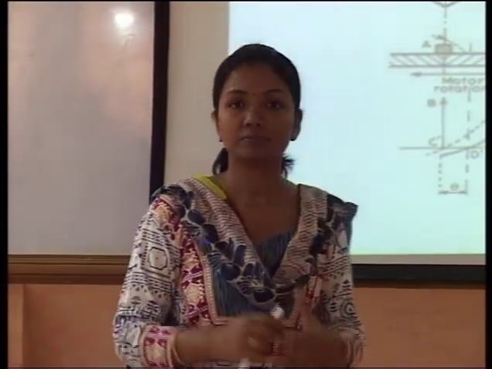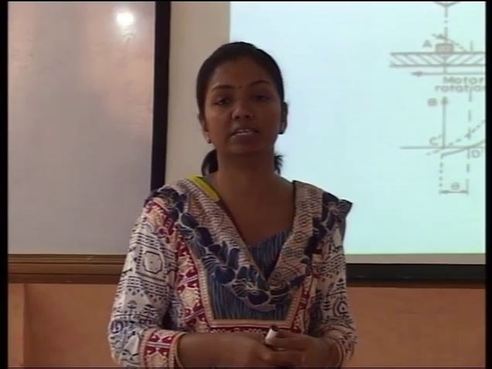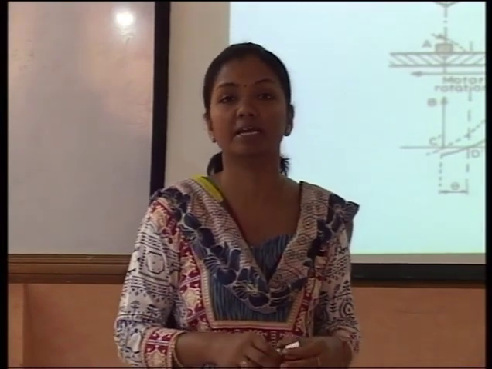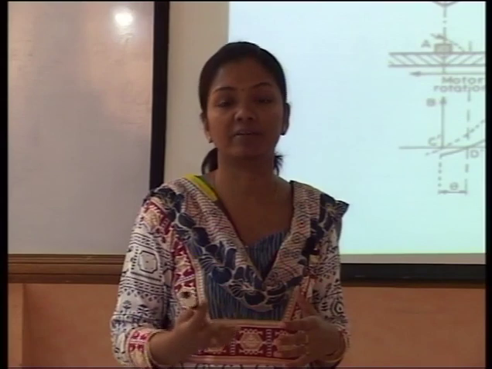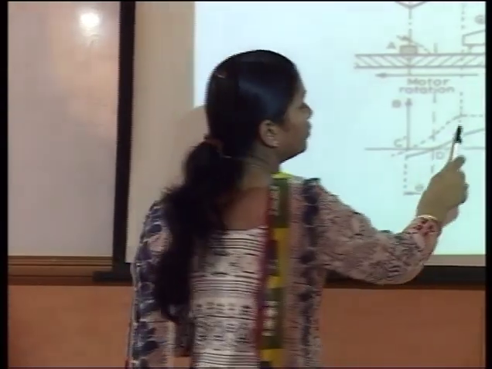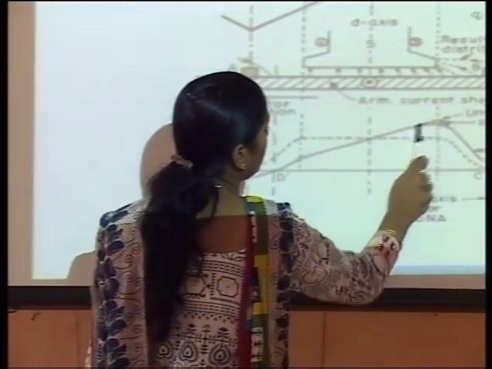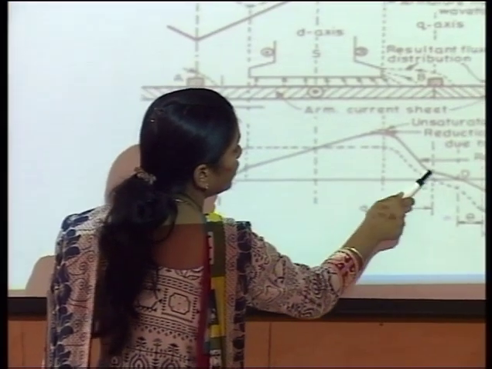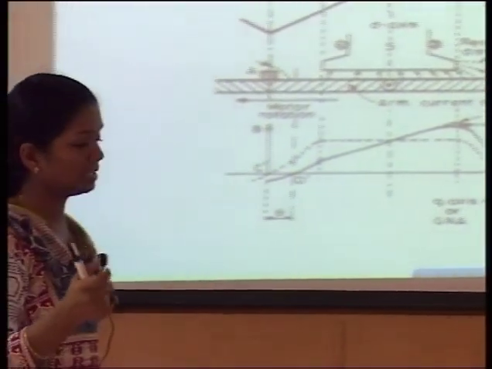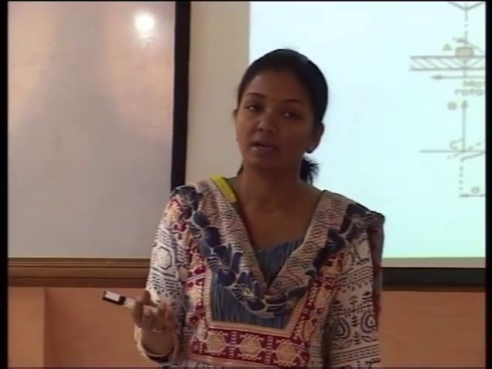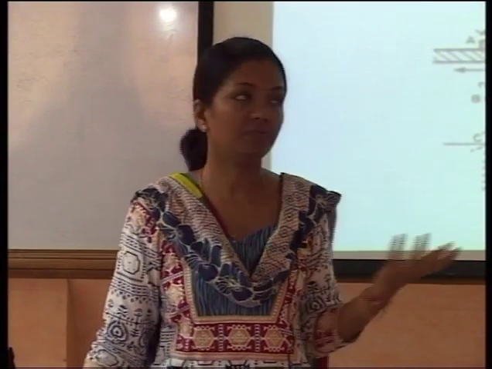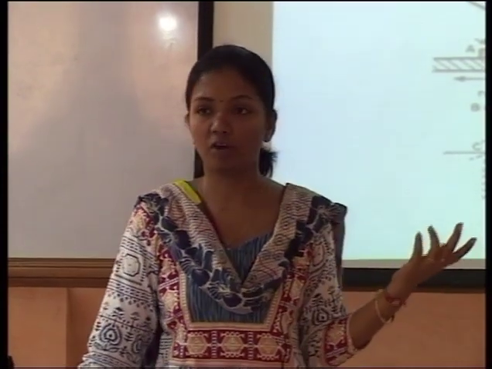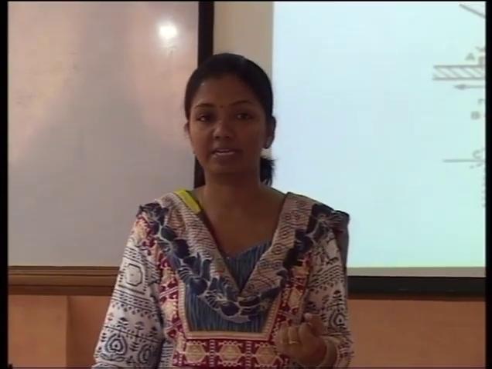The overall flux density over the periphery of the armature has been distorted because of armature reaction. Under the pole, it is not constant now, and in the interpolar region, some flux density exists due to the armature cross flux. This is the effect we can investigate from this diagram of the armature reaction.